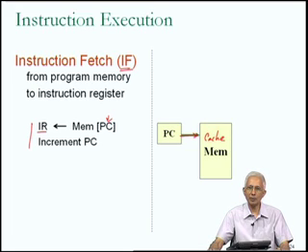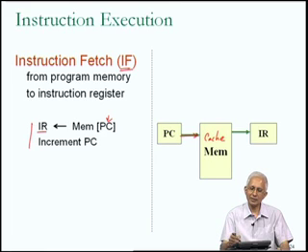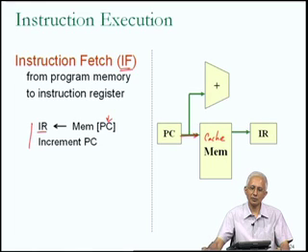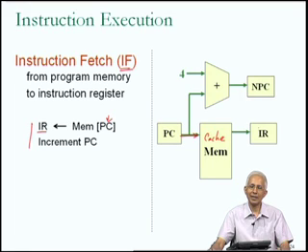Subsequently the cache memory operation happens and the instruction goes from the cache memory into the instruction register. In parallel with this, the program counter value is sent to an adder along with the value 4, since that is the value of the increment, and the value is sent to another register called the new program counter. Now you will notice that what I have shown you over here is a very simplified version of a piece of hardware.